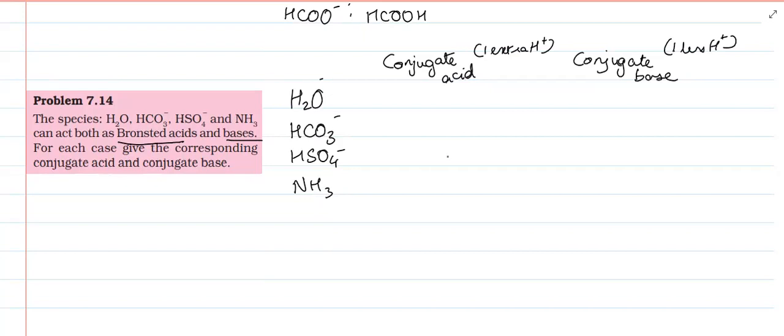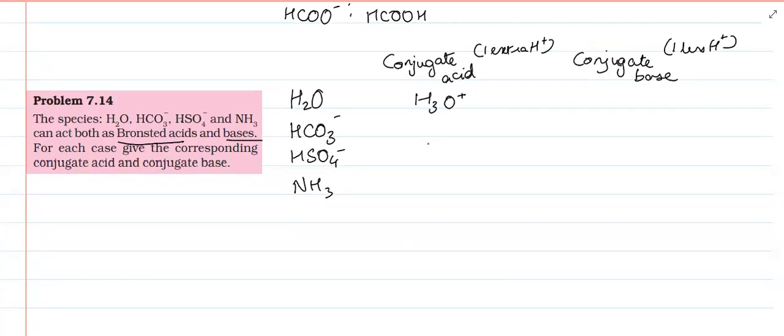So one less proton. So the conjugate acid, H₂O. H₂O, one extra proton, which will be H₃O plus, because it's neutral already. Since it's already neutral, the positive charge that the proton brings with it is going to get added to it, right?